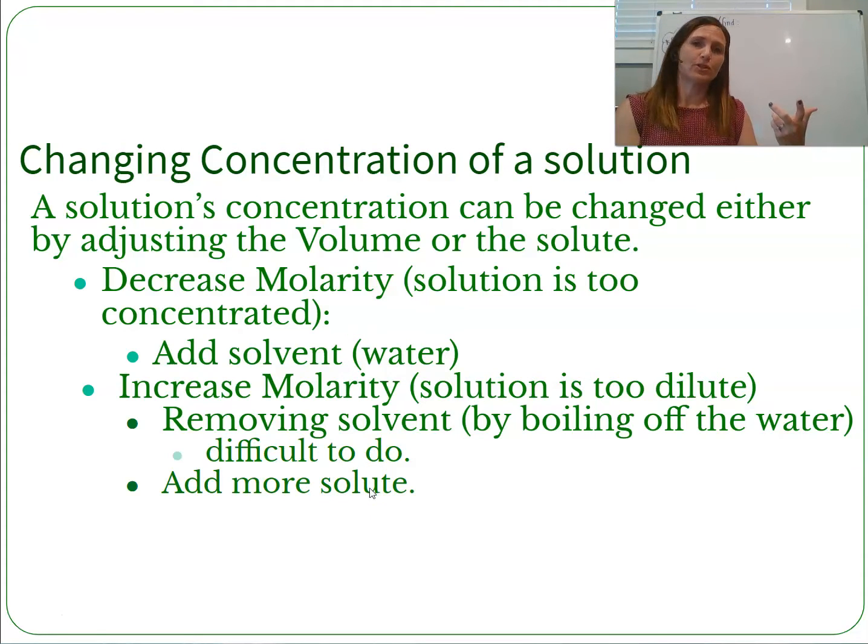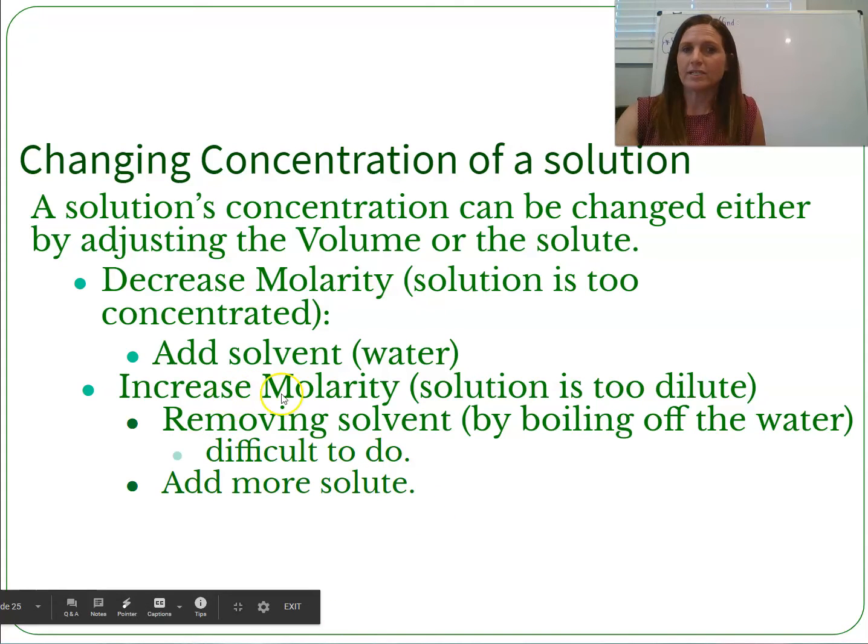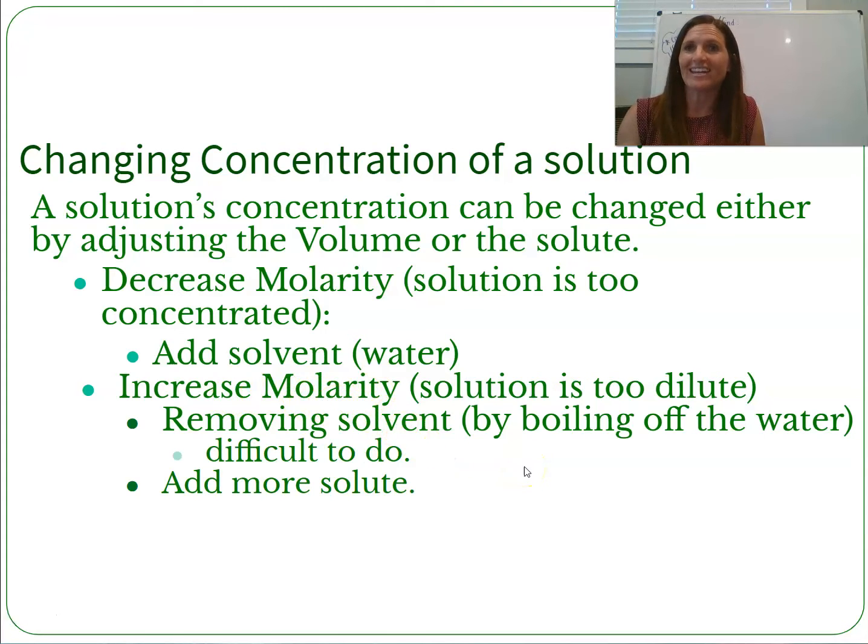What is difficult to do though is to remove solvent from an already concentrated solution, or from a solution that's already been made. You'd have to boil off the solvent, and that's a pretty tough thing to do. When you're cooking, sometimes they'll tell you to reduce the sauce, and that's what this is. It's increasing the molarity of the food flavor in order to make a more delicious sauce.